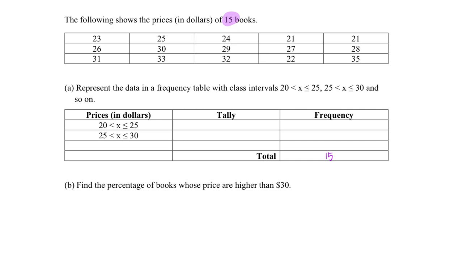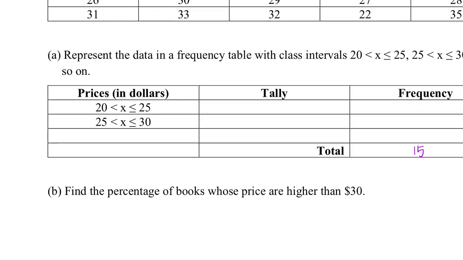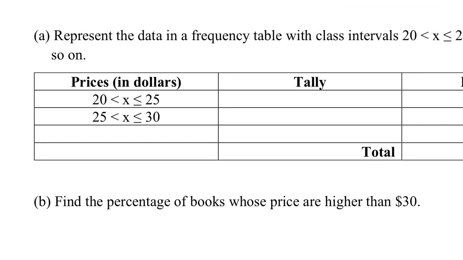Okay, they dictate to us: x must be from 20 to 25, inclusive of 25. Then the next interval as shown. So for here, then I will continue. So x must be bigger than 30, less than or equal to 35.